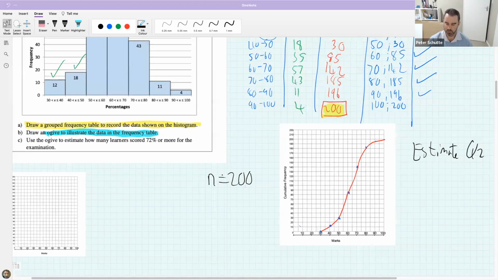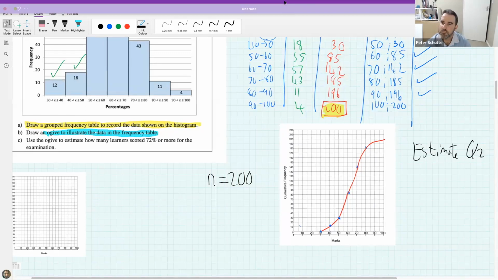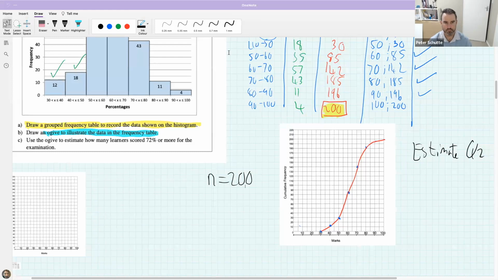I'll let you use what you've seen so far in the lesson today. Remember, with the median, you start by looking at the position. And the position would be 100.5.